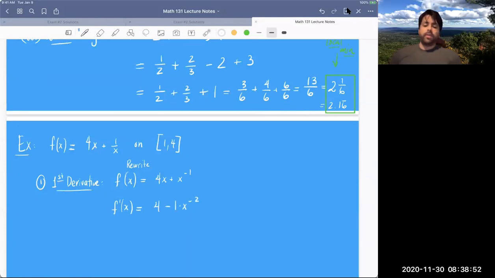The power rule states you put the exponent in front, and then subtract 1. Just to make this a little nicer, I would write this as 4 minus 1 over x squared, and this equals 0.